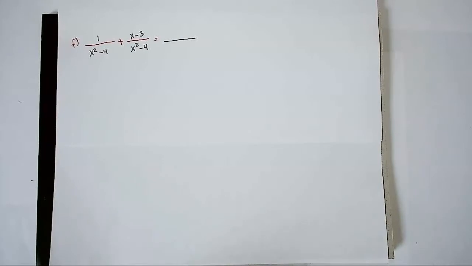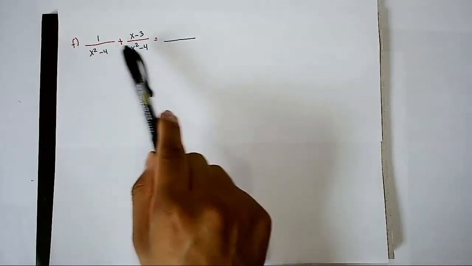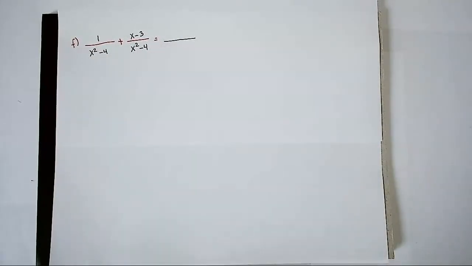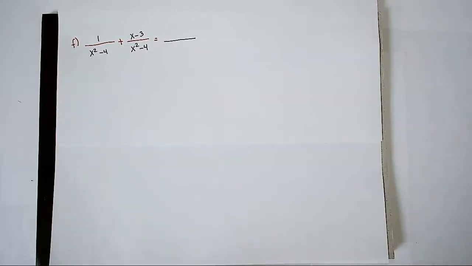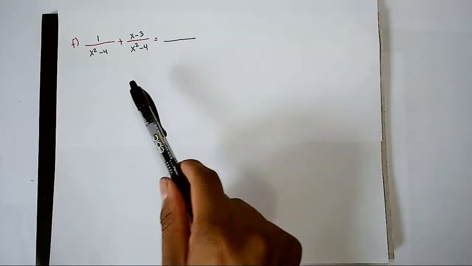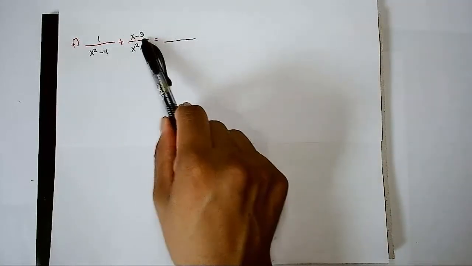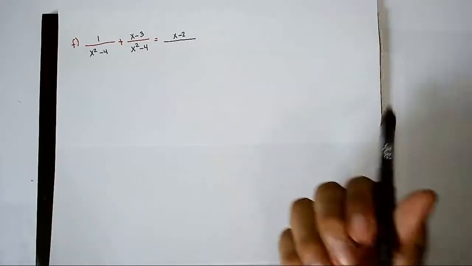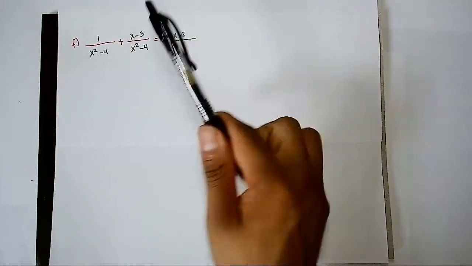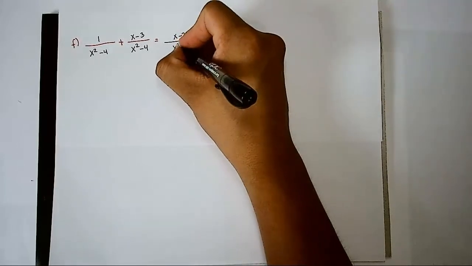In example F, we also have the addition of two fractions, which have the same denominator. Therefore, we just need to add the numerators, which are x minus 3 plus 1. This is equal to x minus 2 divided by the common denominator, which is x squared minus 4.